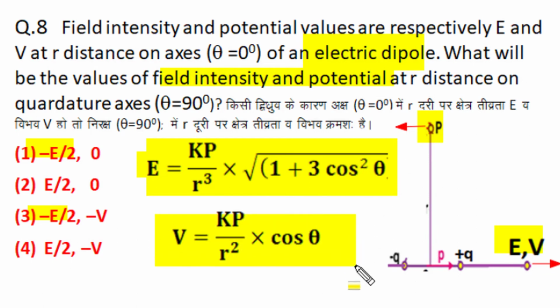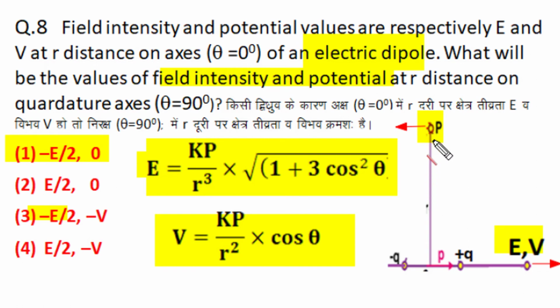This is the relation of potential at any r distance with an angle theta with dipole moment from an electric dipole, and on the direct axis theta is 0 and potential is kp upon r squared, and on the quadrature axis when theta is 90, cos 90 becomes 0 and potential becomes 0. So at the Q axis, anywhere whatsoever the distance r from the dipole moment, potential is always 0. So this first option is the right option in this question.